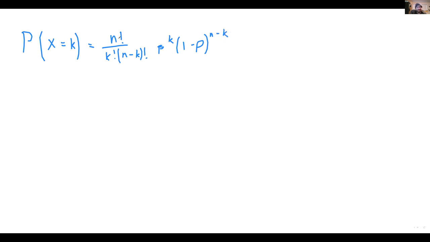And that's the formula. N factorial, so 12 factorial over 7 factorial times 5 factorial, 12 minus 7, times P is 0.75 to the 7th. 1 minus P is 0.25 to the 5th. Gee, isn't that a nice calculation? I really like using the calculator. It makes life much, much easier.